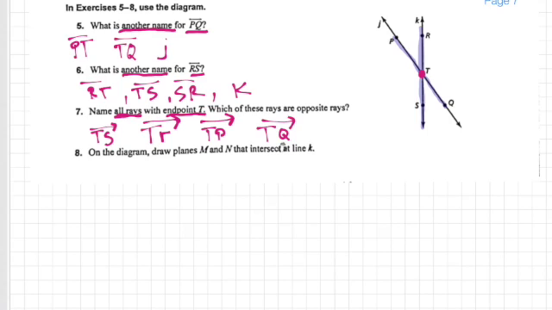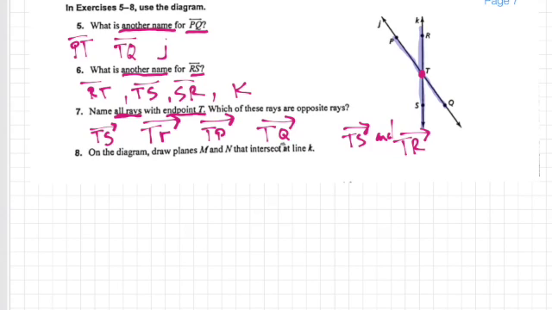TQ. So which of these rays are opposite rays? We could say, TS here. This one is one. TS and TR. Those have the same point and are headed in opposite directions. So we could say TS and TR.